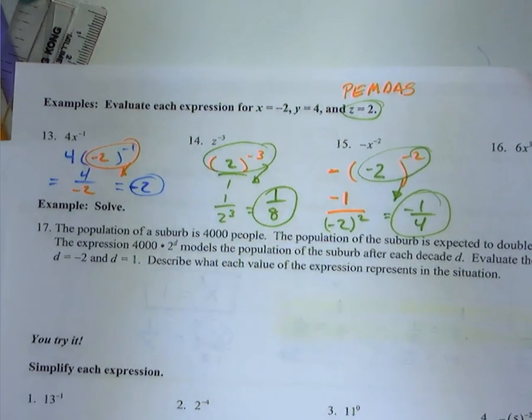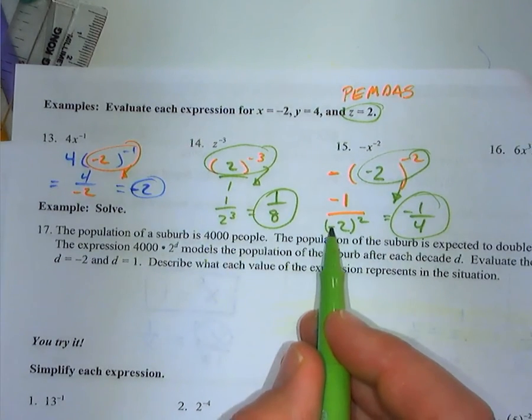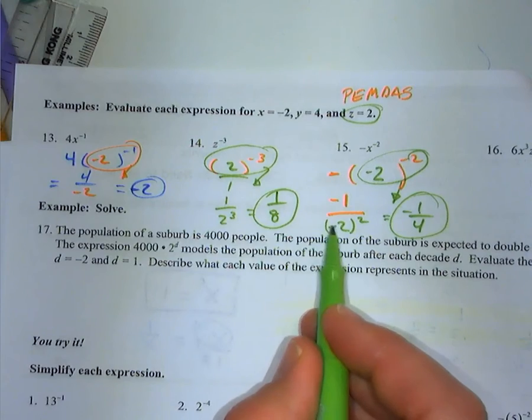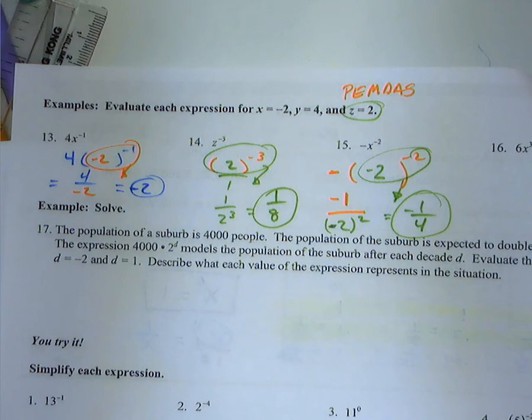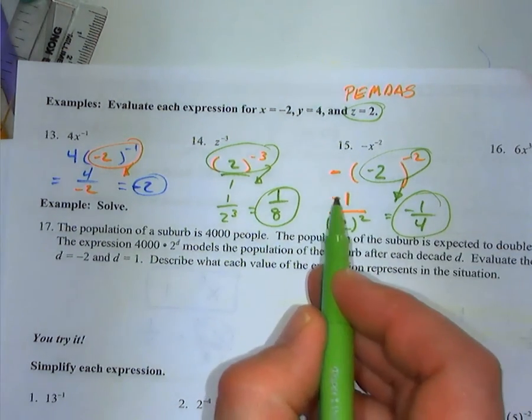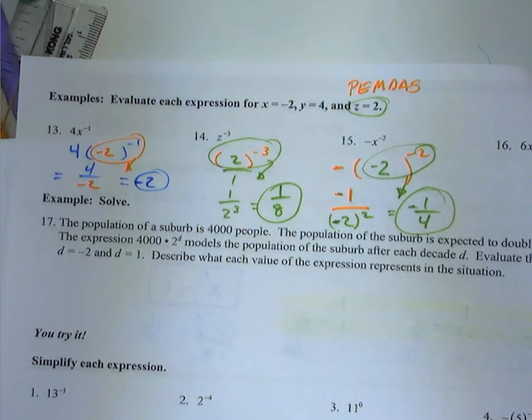And wouldn't that become negative 4? This guy? Yeah, the negative 2. So negative 2 squared is negative 2 times negative 2, and a negative times a negative makes that positive. Yep. Good question. No, it's right. So I end up with the negative 1. The negative stays on top, and then negative 2 squared becomes positive 4. Okay. So good question.